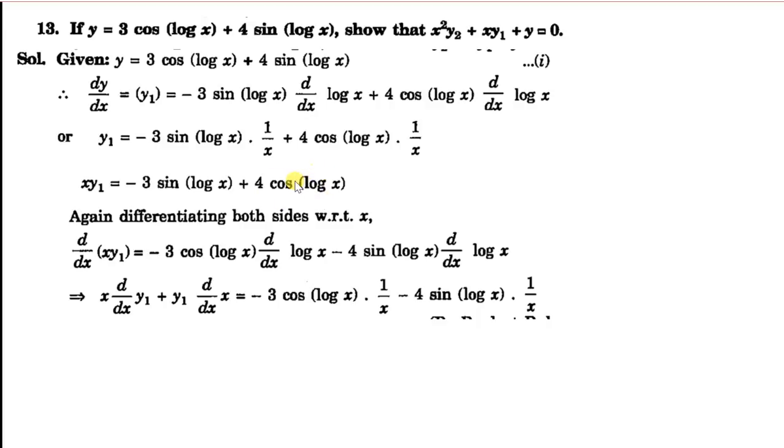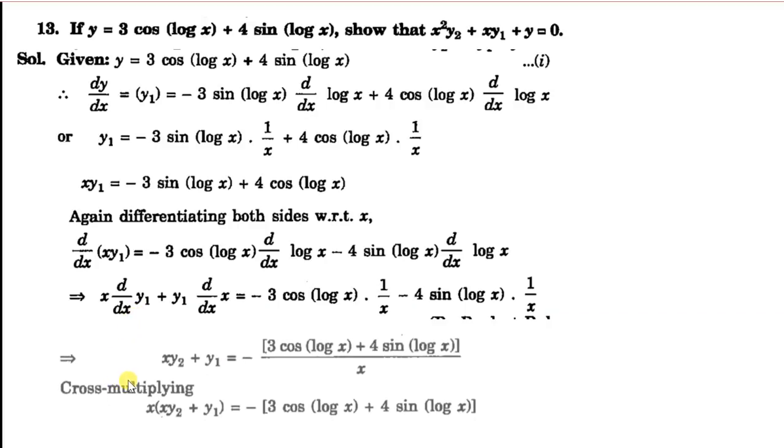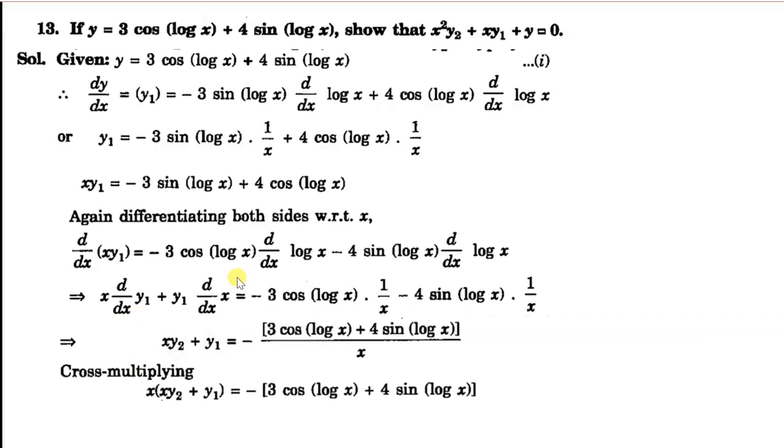Similarly here, the derivative of cos is minus sine log x multiplied with the derivative of log x, that is 1 by x. Again, the derivative of y1 means y dash, with respect to x it becomes y double dash, so we get x y double dash plus y1, because the derivative of x is 1, and on the right hand side minus can be taken common, and in the denominator we have x.